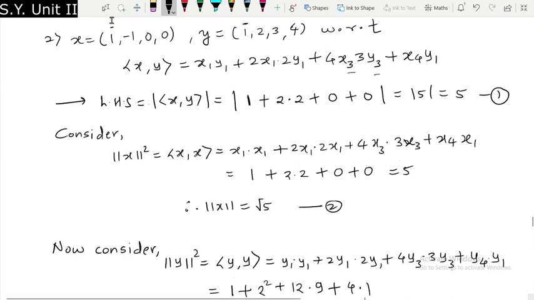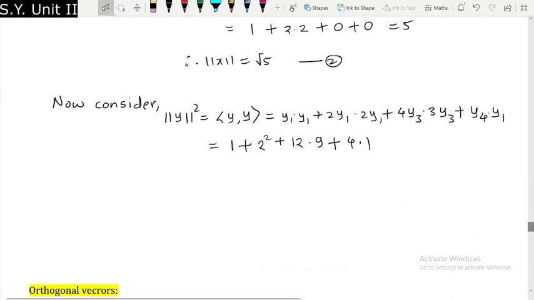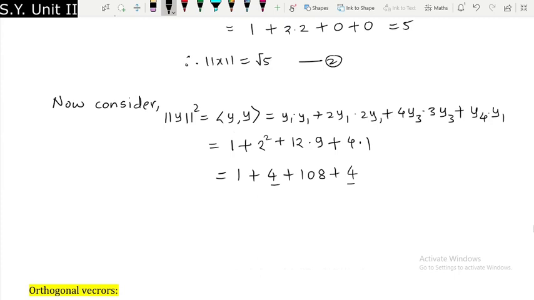So if you do the calculation, this should be equal to 1 plus 4 plus 12 nines is 108 and plus 4 once again, so 4 plus 1 is 5, so 108 plus 9 is 117. So therefore my norm of y over here is under root of 117, which I am going to call 3.